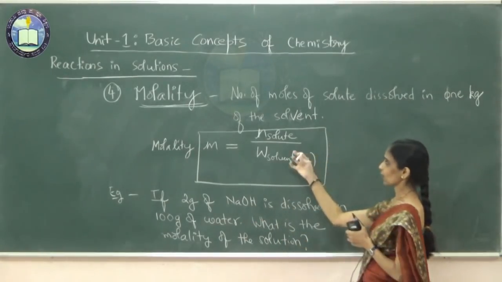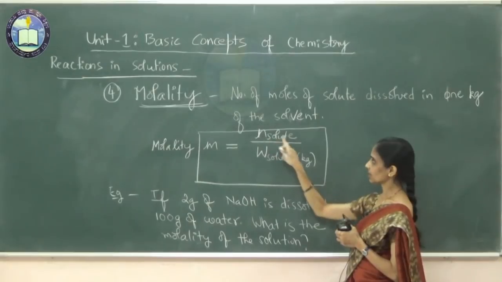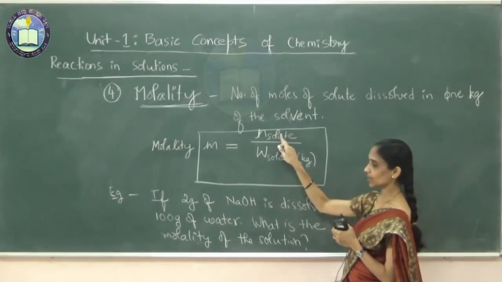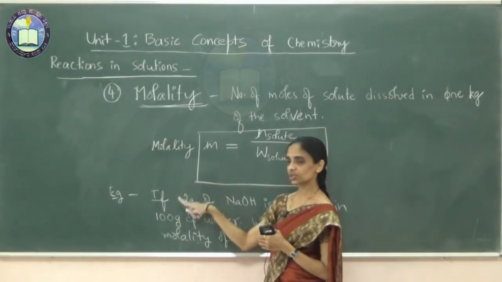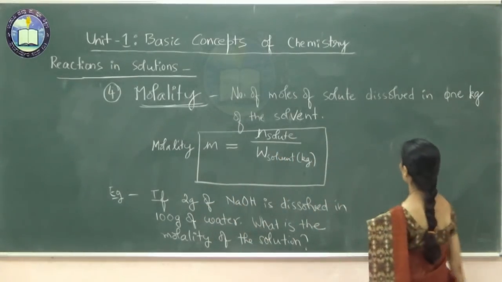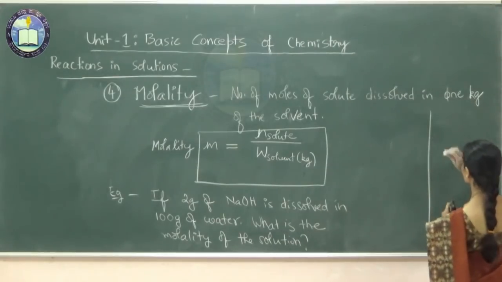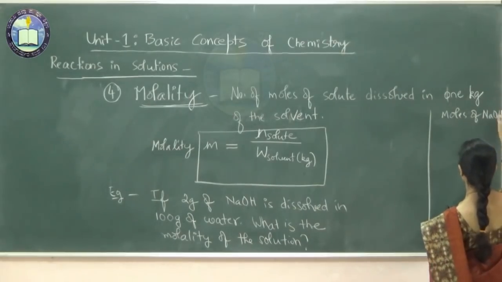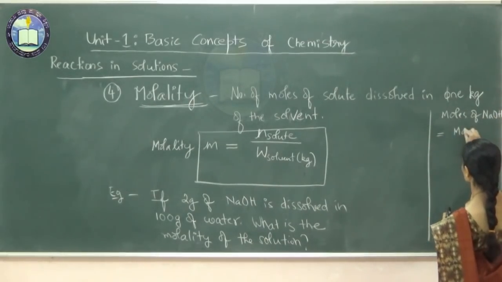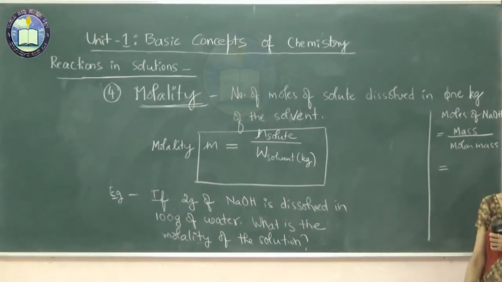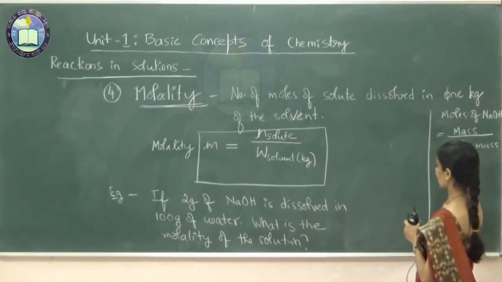I will make use of this formula. I need NaOH moles, is it not? I need moles, but do I have moles? No, I have the mass of NaOH. So, I will first find out on the side the moles of NaOH from mass. I divide mass by molar mass to find the moles. How much is the mass?